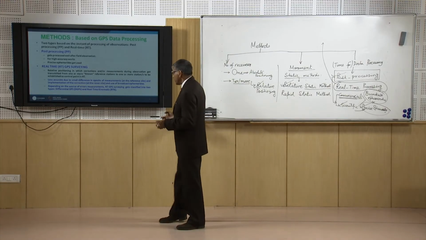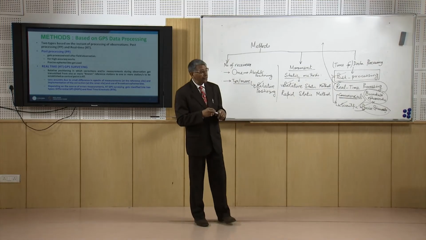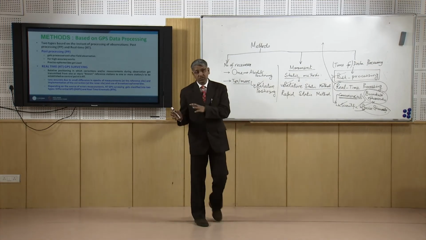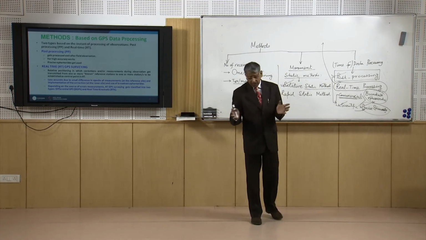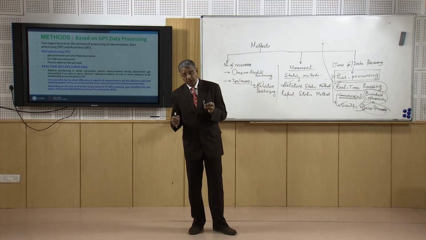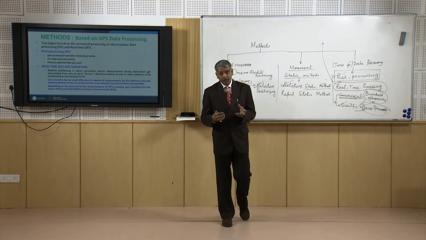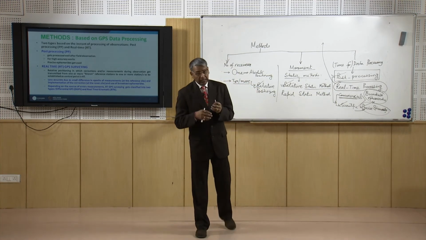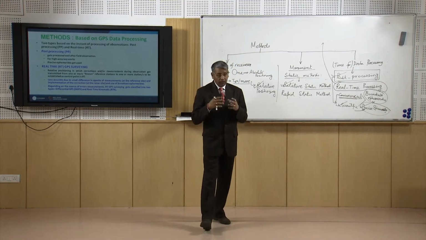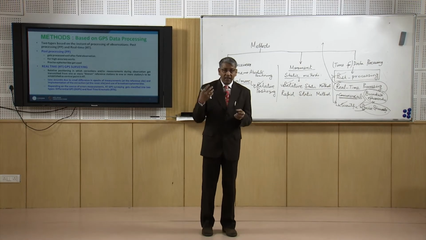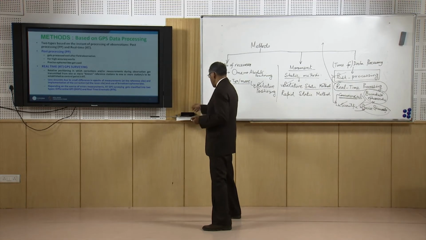How do they do it? They do it by communicating the error message from the known station to the unknown station. This is the main idea. There should be some communication associated with the reference station, which, as soon as it receives the data, will compute the error, and then that error will be sent to the rover station.